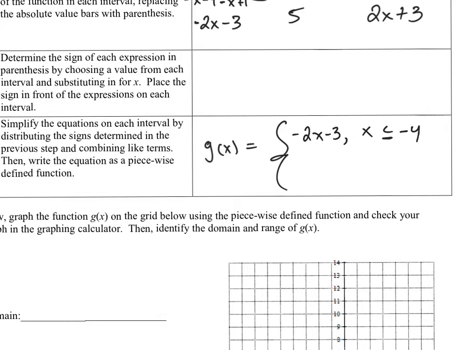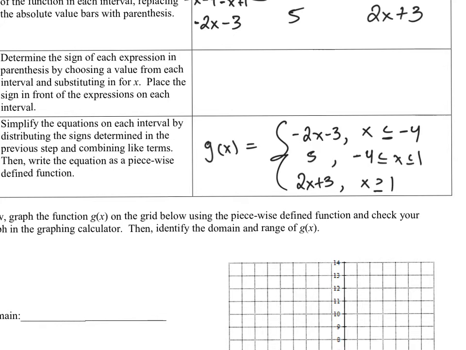Then we have 5 as the second piece when x is between negative 4 and 1. Remember, negative 4 and 1 is what we solved x to be when we dropped the absolute value signs and switched to parentheses. And the last part, we have 2x plus 3 when x is greater than or equal to positive 1.